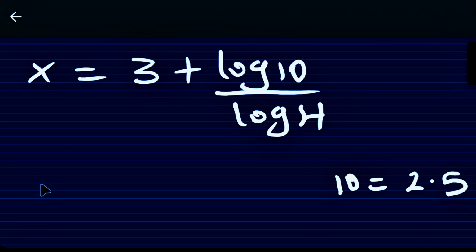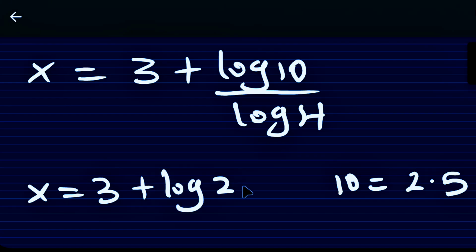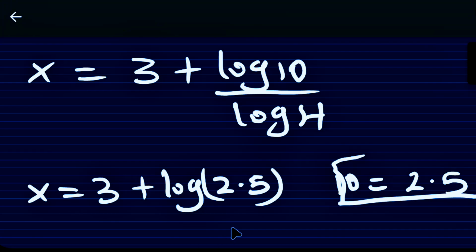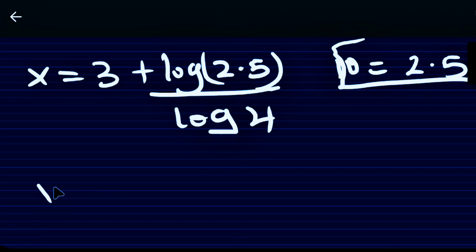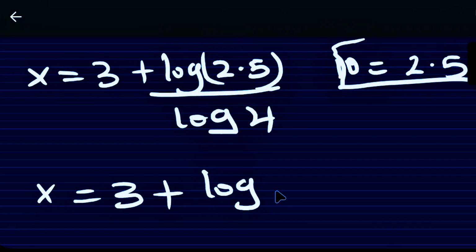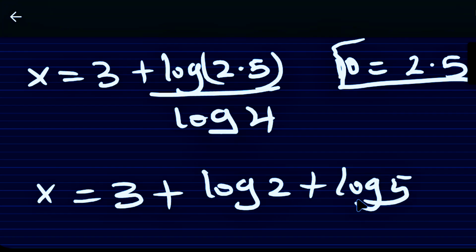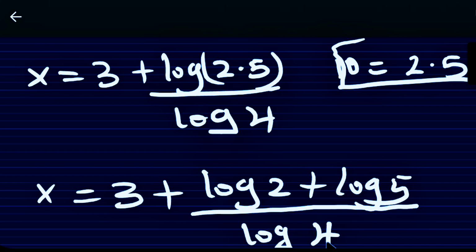If that is the case, x equals 3 plus log of (2 multiplied by 5), this will be in parentheses, and we'll divide this by log 4. So x will be equal to 3 plus log 2 plus log 5, then we'll divide everything by log 4.